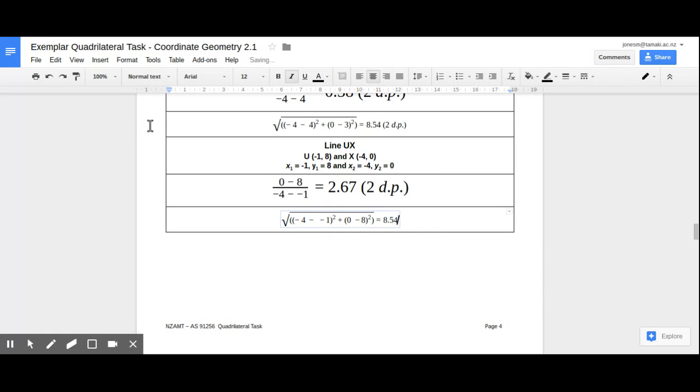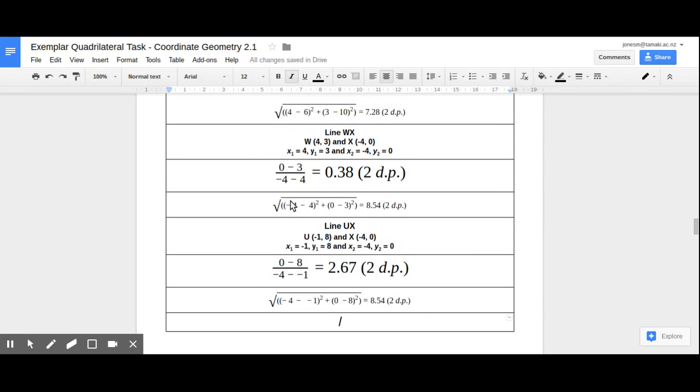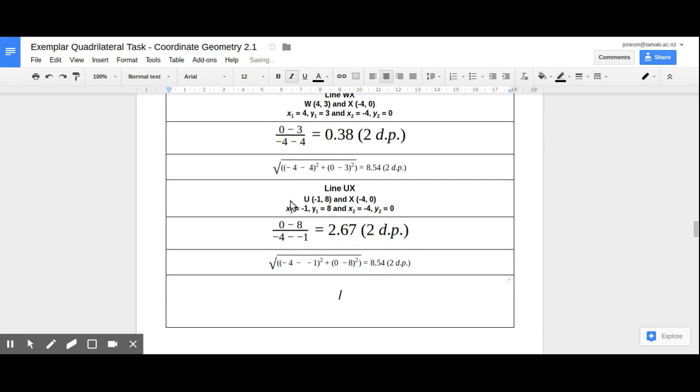Answer is 8.54, and that again is to 2 dp. Alright, so we have completed all of our calculations.